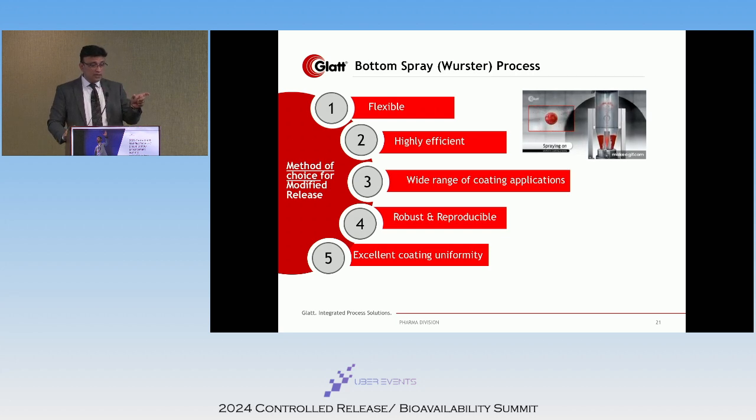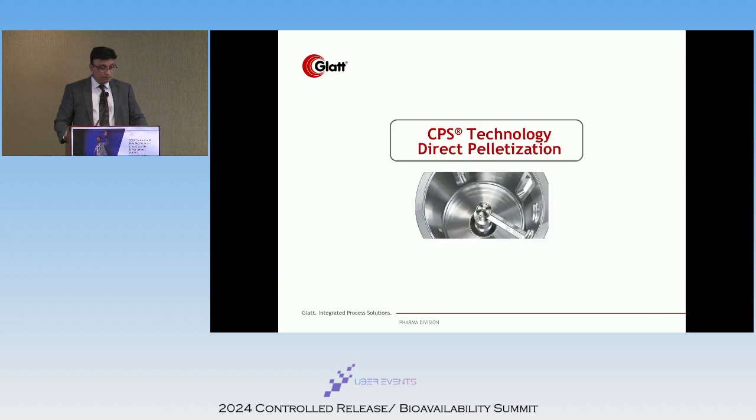Unless you have that uniformity of the coating process, it will be a difficult challenge to achieve that dissolution specification at different stages of the product. So the Wurster process is quite capable of doing that, and you should be able to control that and achieve your desired dissolution throughout your dissolution time period.